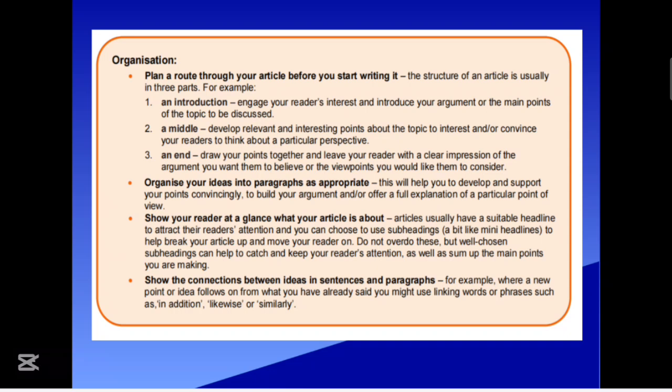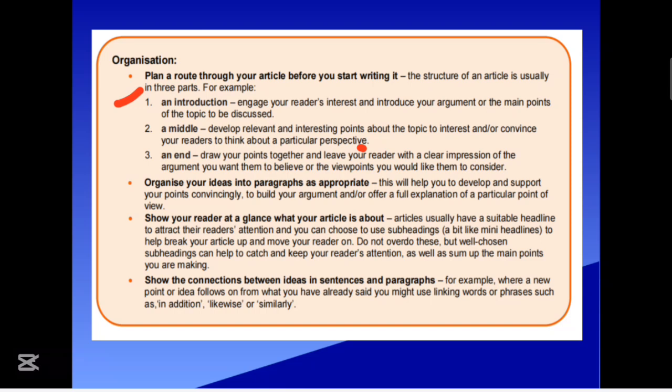How to organize your article? First of all, plan a route through your article before you start writing it. The structure of an article is usually in 3 parts. First, an introduction. Engage your reader's interest and introduce your argument or the main point of the topic to be discussed.